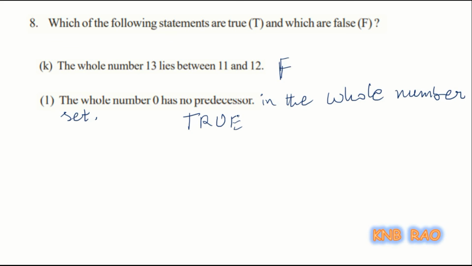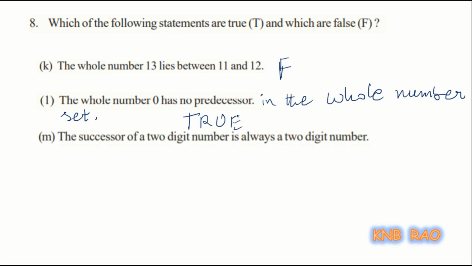Now, coming to the last statement, 13 of question number 8. The successor of a 2-digit number is always a 2-digit number. Once again, you have to have a counter example, thinking it is false. Why is it false?